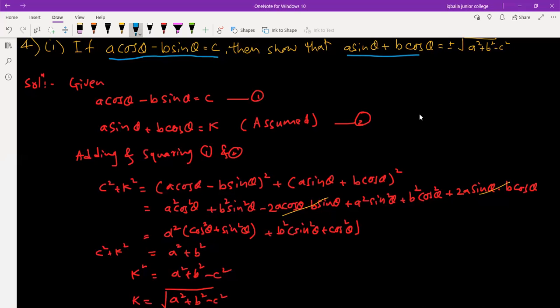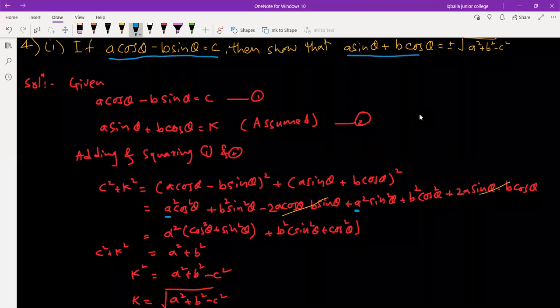Okay, so after opening these brackets, these two values, minus 2A cos theta B sin theta and 2A sin theta into B cos theta, will get cancelled. Now you have to take common A square from here.